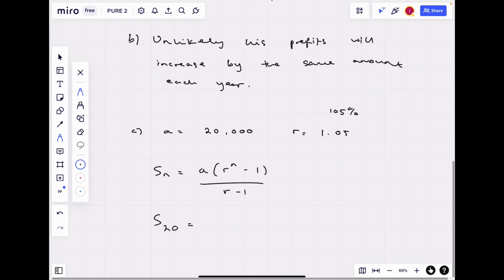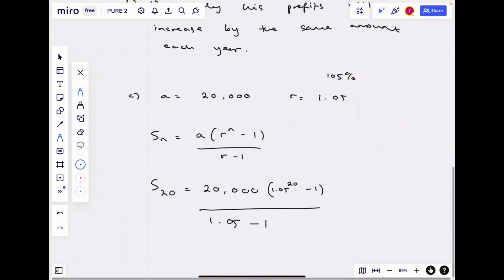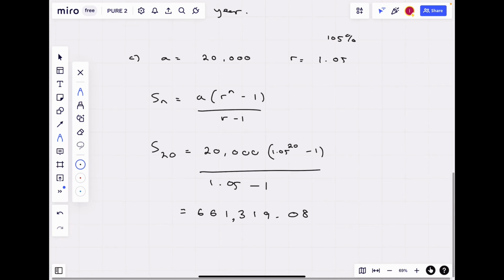So S20 will be 20,000 times r to the power of 20 minus 1 all over, and let's rewrite this, 1.05 to the power of 20 minus 1 all over 1.05 minus 1. This gives 661,319.08. So, after 20 years, his total profits will be 661,319 and 8 pence. There you go.